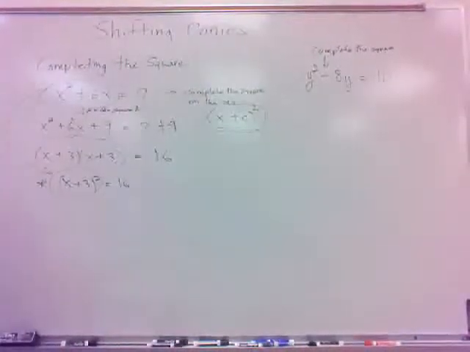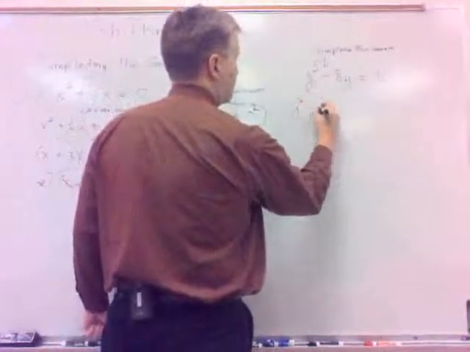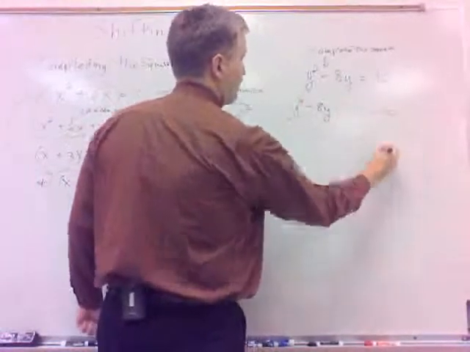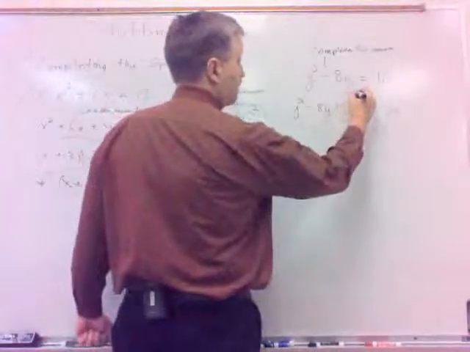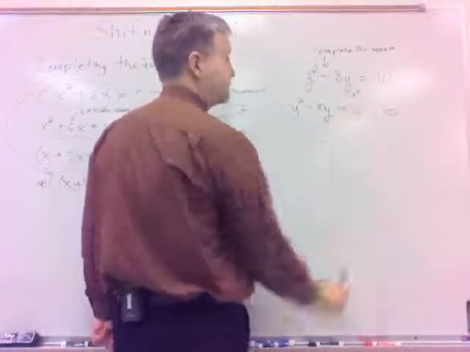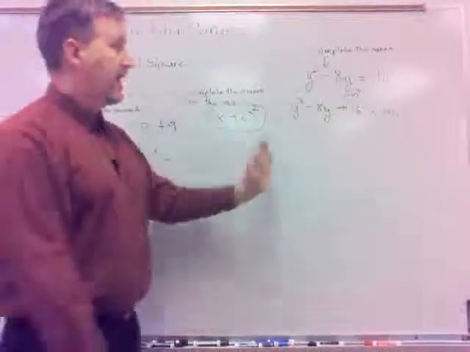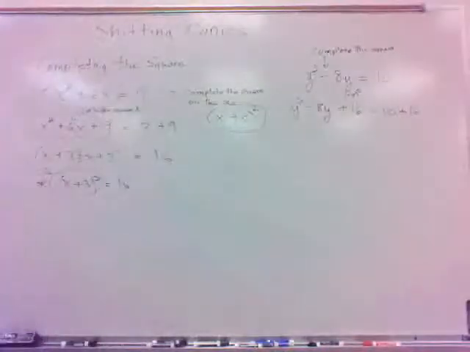All right, well, how do we do it? We take half of the middle term, half of negative 8. Half of negative 8 is negative 4, but I'm going to square it. And we square negative 4, what do you get? Positive 16. Yeah, you still get a positive number. So I'm still going to add 16 also to the right.